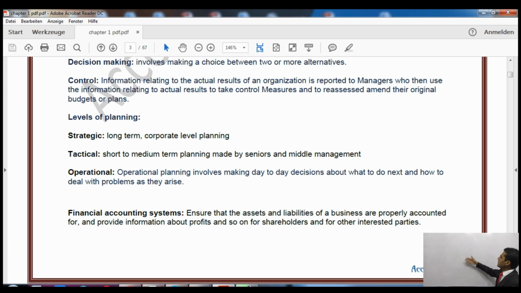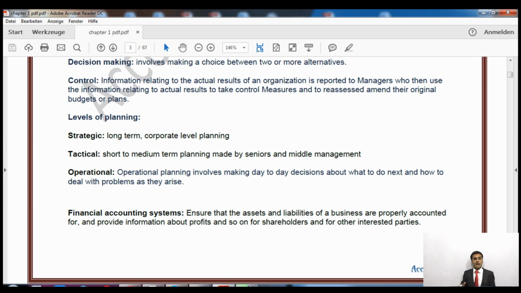Right? Now if we talk about the strategic, which is the top one, what could be the planning of strategic management? Basically strategic planning is a long-term one. Let's say for example, if I have an operation here in the UK and I want to expand it to Spain, that is strategic planning, because it is a long-term decision.